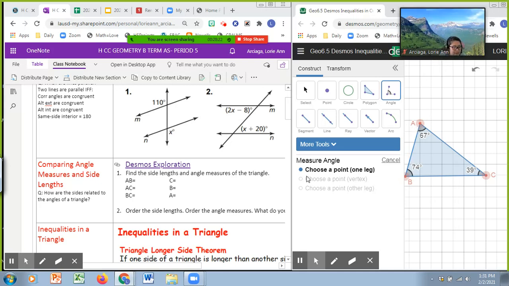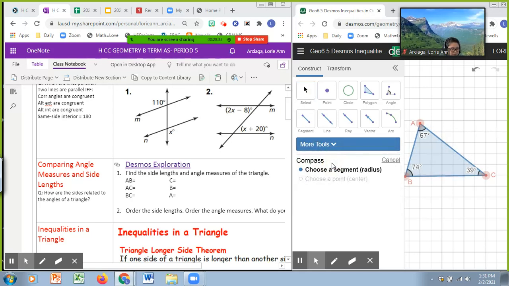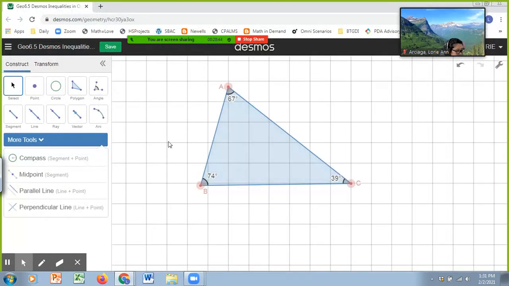Okay. And then we have to measure the sides, right? More tools, segment, oh, not midpoint. Okay. Oh, why am I doing that? I need to measure the side. So where do I measure the side here?